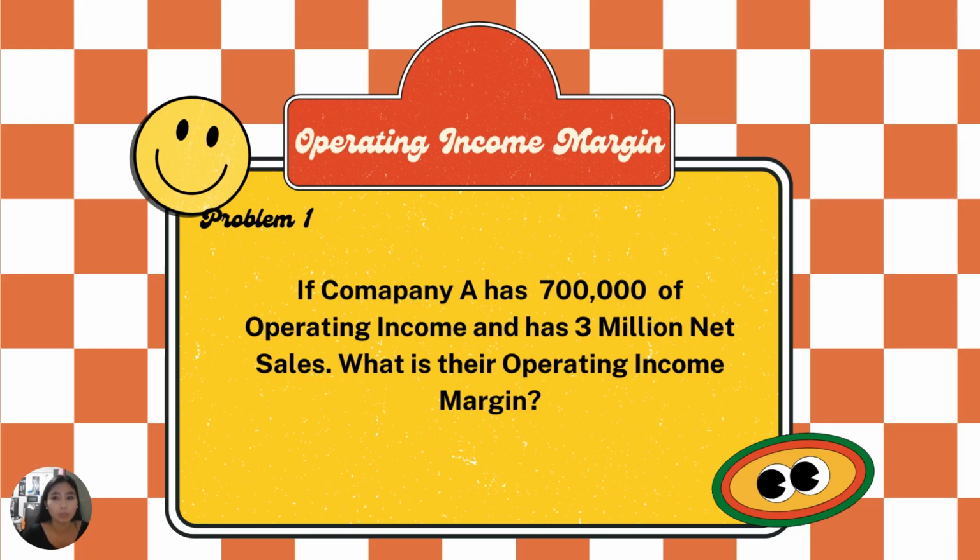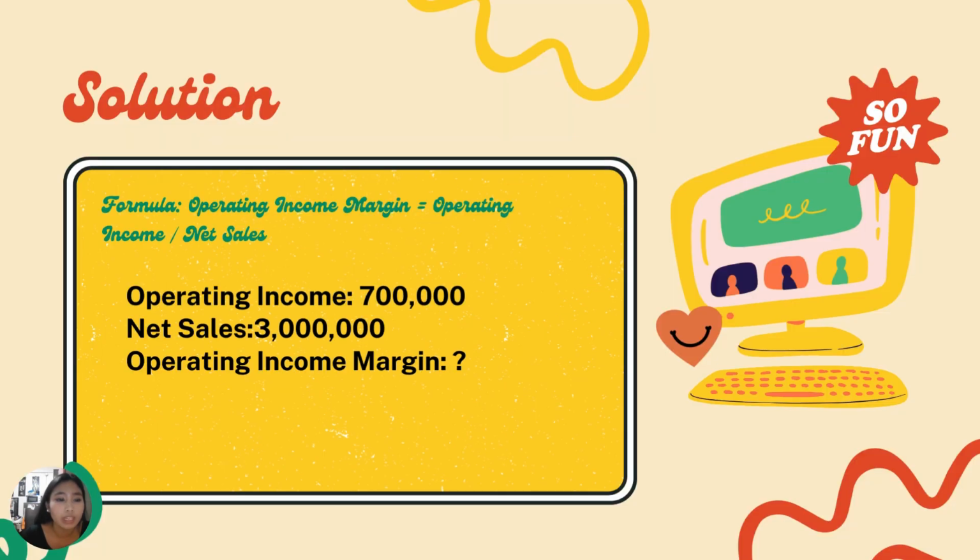So, our first problem is about operating income margin. Problem 1: if company A has 700,000 of operating income and has 3 million net sales, what is their operating income margin? Our solution is, gamit tayo ng formula na operating income margin is equal to operating income divided by net sales.